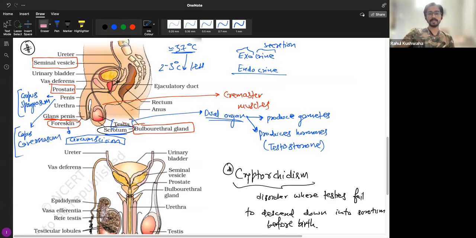And there is this ejaculatory duct, the duct where there is a junction between the ureters and the sperm duct, where it meets just below that. It's called the ejaculatory duct.